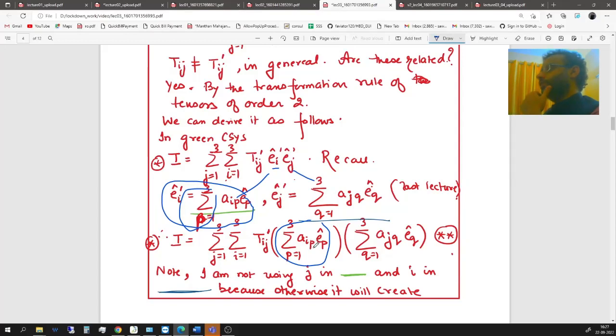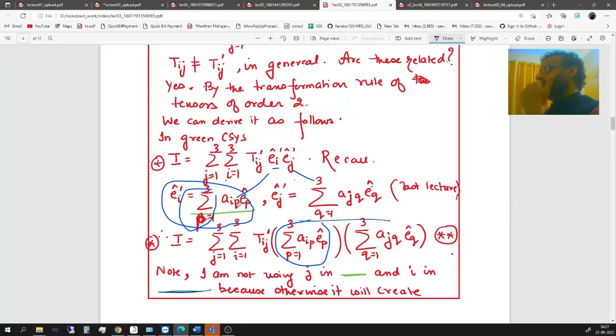if J is used instead of P, you will start having J appearing more than 2 times in this full expression, this double star expression. So I need to be careful that any new repeated index that is going to come in the expression should be anything but the indices which have already appeared in the expression.